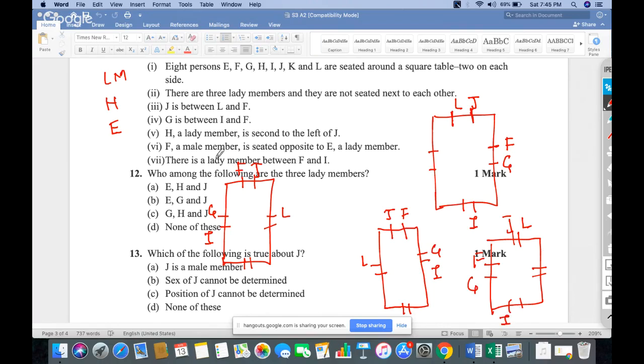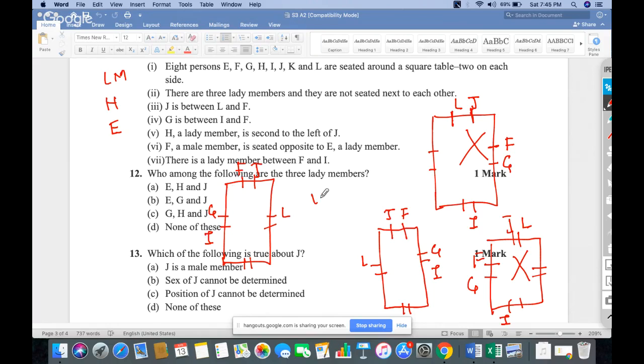Now what has been told, H is a lady member which is opposite to J. Now in this particular case, already opposite to J, I is sitting. So this particular case is not accepted to me. What about this case? In this particular case also, opposite to J, I is sitting. So this particular case is also not accepted to me.